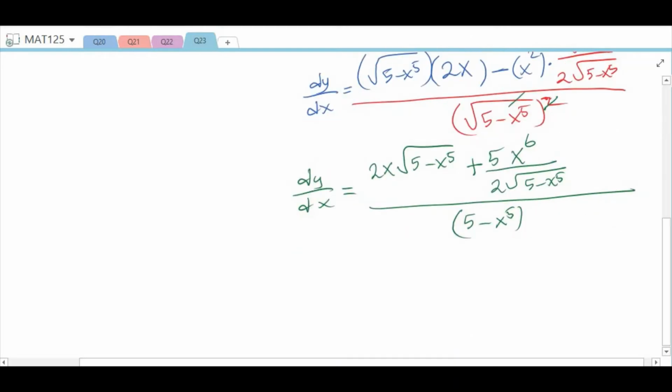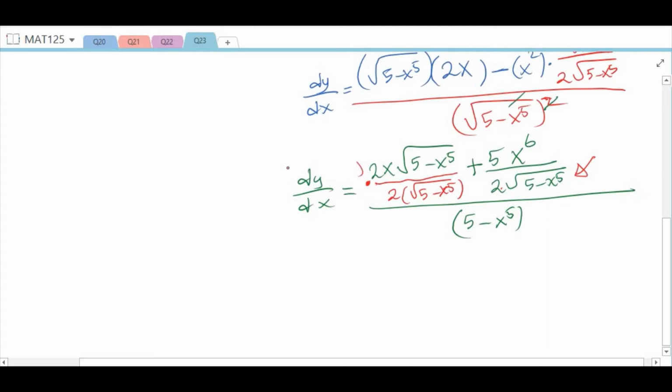Again, I'm going to simplify a little bit further. Notice how I have a denominator in the numerator. I will need the same denominator here so I can add the numerators together. To do that, I will need to multiply this by the denominator and then multiply it in the numerator as well, as if I did nothing.